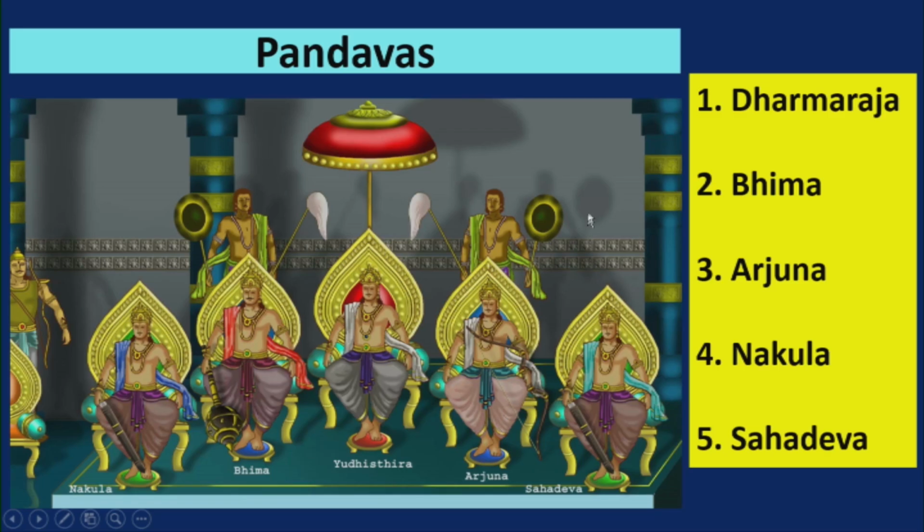So with this picture we can say 5 Pandavas. Easy to remember, right? I have listed the names of Pandavas from eldest on the top and youngest at the bottom. With this you know the exact order of Pandavas according to their age.